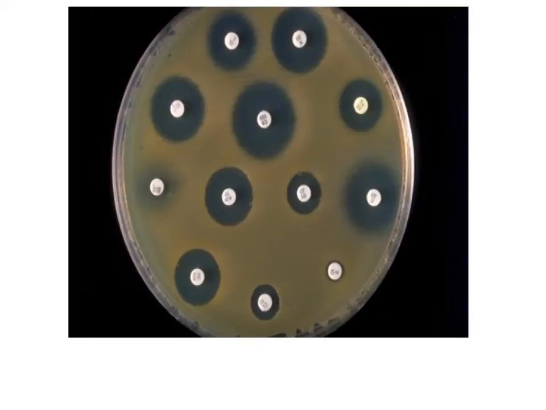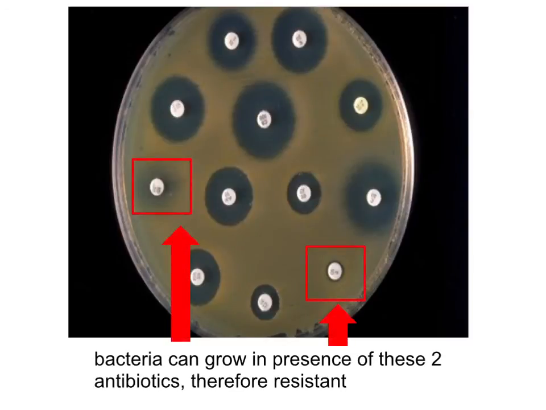Which two antibiotics do not have an effect? Yes, you can see that the bacteria can grow in the presence of these two antibiotics that I've highlighted in red. This means that the bacteria are resistant to this antibiotic.